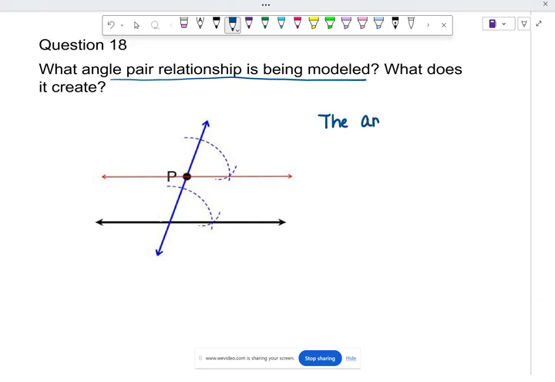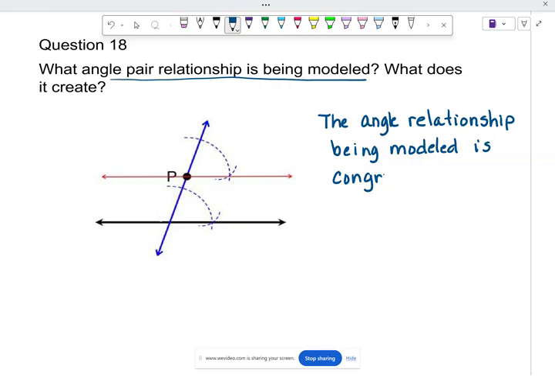The angle pair relationship being modeled is congruent corresponding angles.